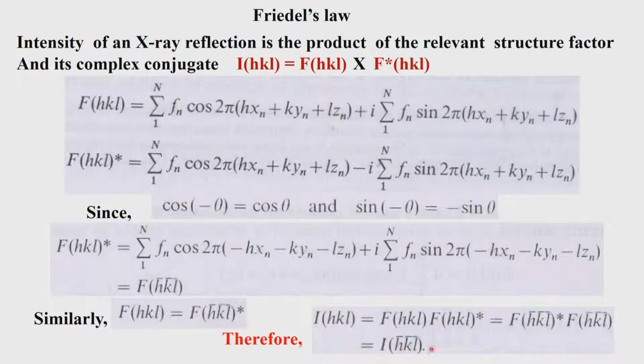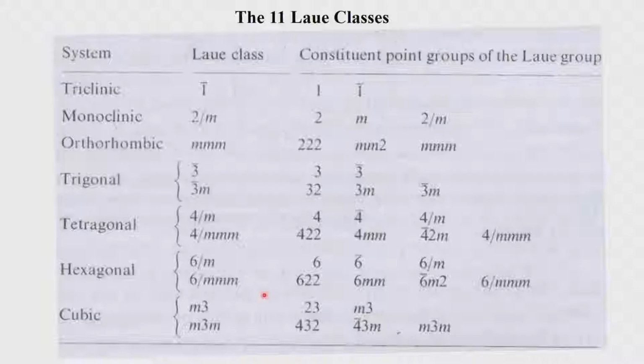And this anomalous dispersion is in fact a very useful tool. This was discovered by a person called Bijvoet, so it goes according to his name. Let me write it somewhere.